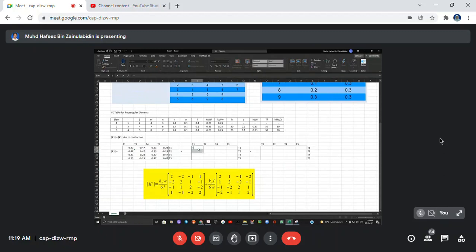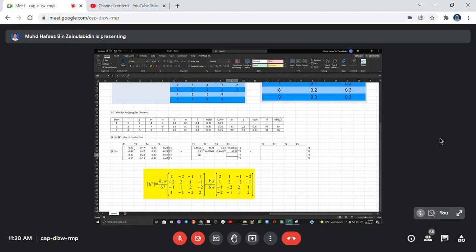The next one equals 2 times this one here, this one minus 1, minus 2, 1, 2, minus 2, minus 1.